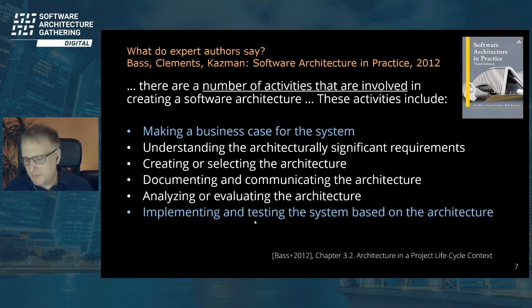So we can talk a bit about implementing and testing the system, but Bass and the others made it easy. They say this is an activity that we have to do for creating an architecture. We don't say really that the architect has to do this. He or she can delegate it.